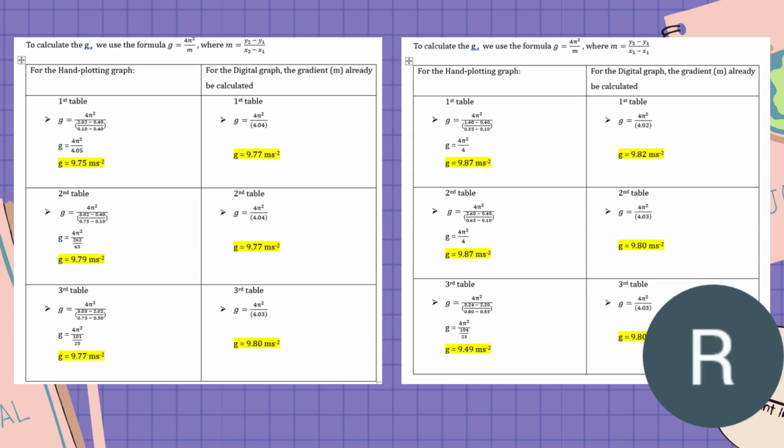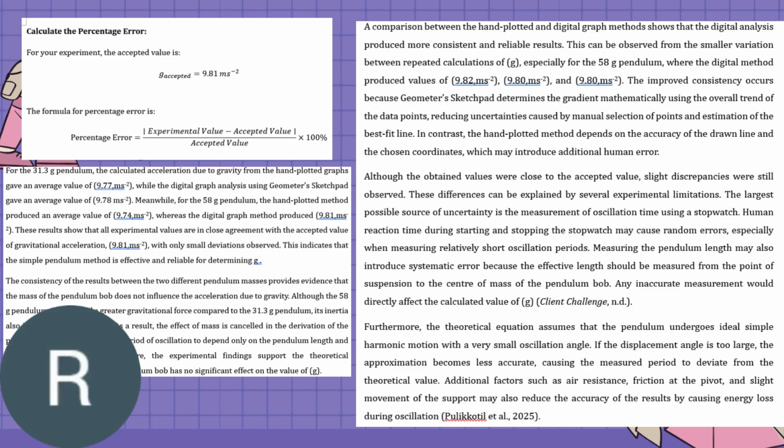For the 58 gram pendulum, the values were approximately 9.74 meters per second squared for the hand plot graph and 9.81 meters per second squared for the digital graph. All these values are very close to the accepted value of 9.81 meters per second squared.